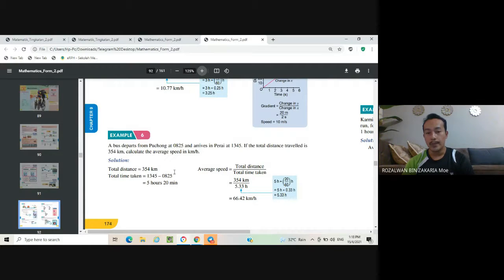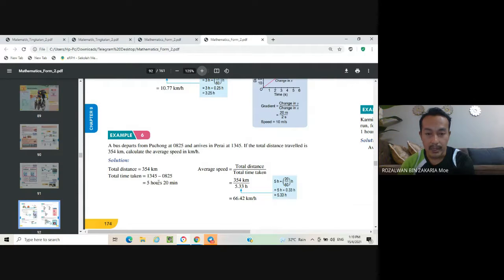You have to find out what is the total time taken from Puchun to arrive in Perai. So that means 1345, you have to minus 0825. So total time taken equals 1345 minus 0825, you will get 5 hours 20 minutes.